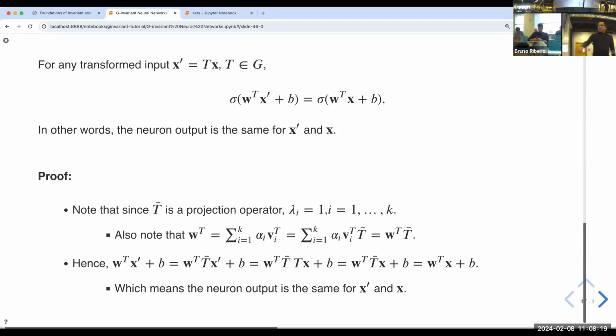Essentially, since these eigenvectors weighted by alpha form the subspace, this is essentially W, so W is the same as W T bar, as we saw before. When you apply the transformation T, T bar T is T bar, which is back to W. So it doesn't matter what you do when you transform, because this guarantees this, and the eigenvector property gives this. So you're done. It's the same output.